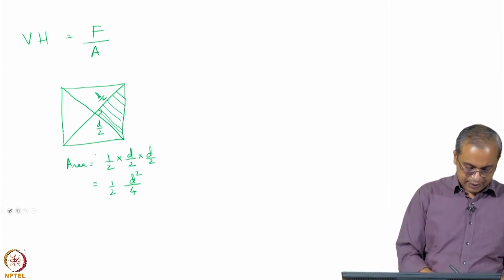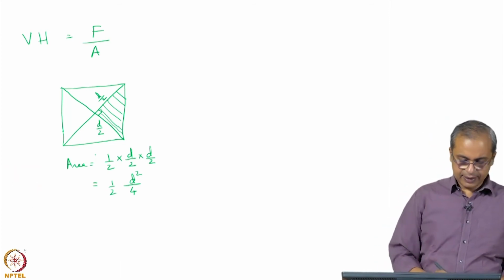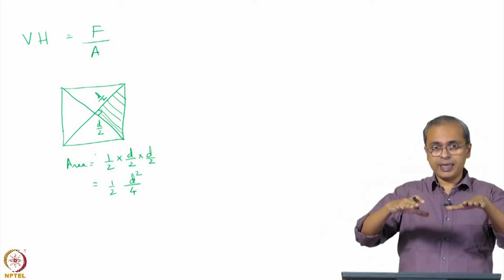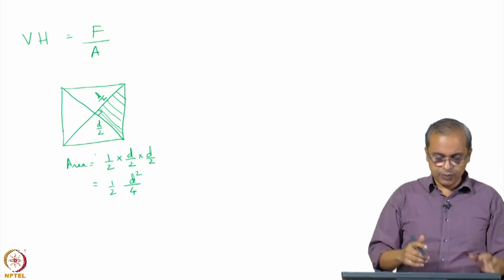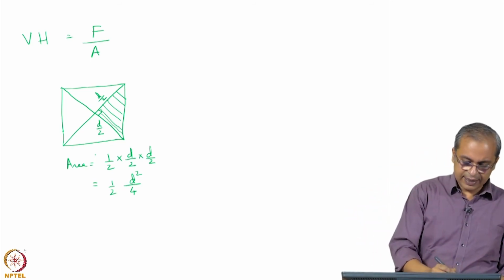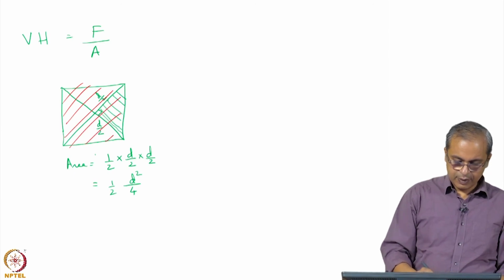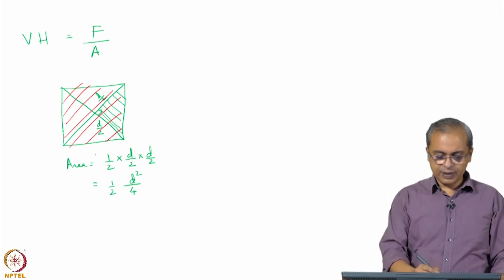Therefore, if you look at the area of the entire indentation, this is just the plan area of it, without looking at the shape of the indentation, simply looking at it vertically downwards. If you take the area of this entire thing, clearly that is simply 4 times the area of the small triangle.